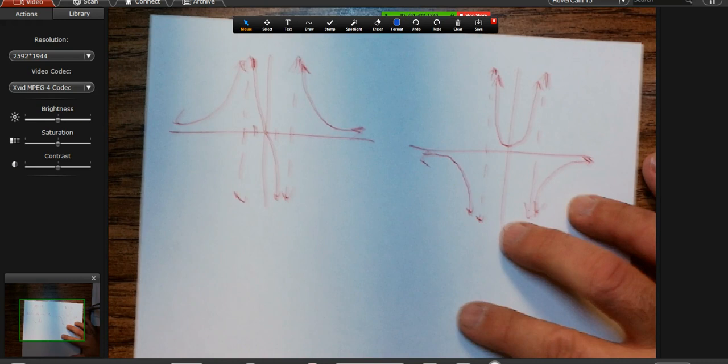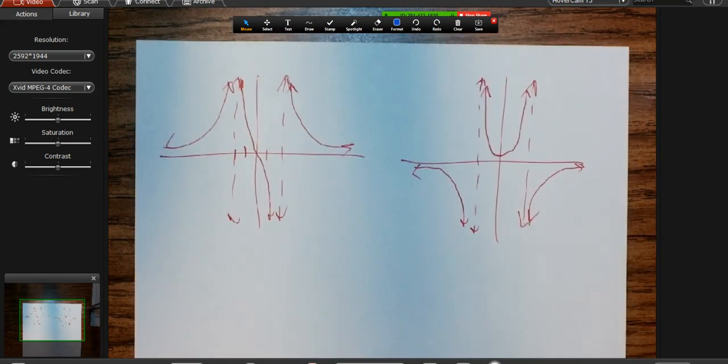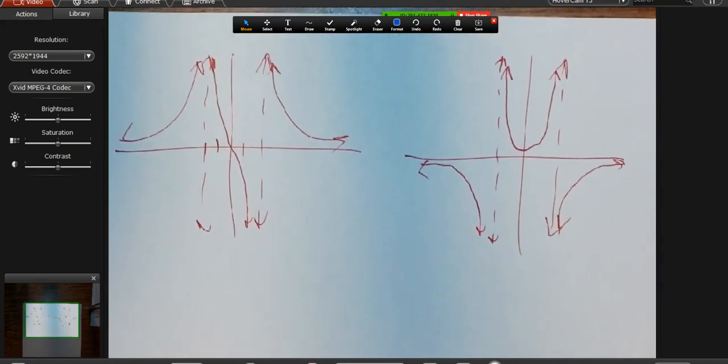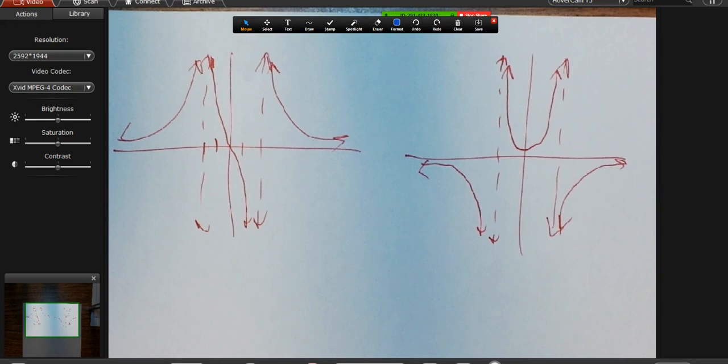Here are a couple different rational functions that have 2 asymptotes. Okay? I need you to just look at these pictures for a second. If you're plugging in a number over here and it gives you a positive, it's easy to tell what that branch is going to do.